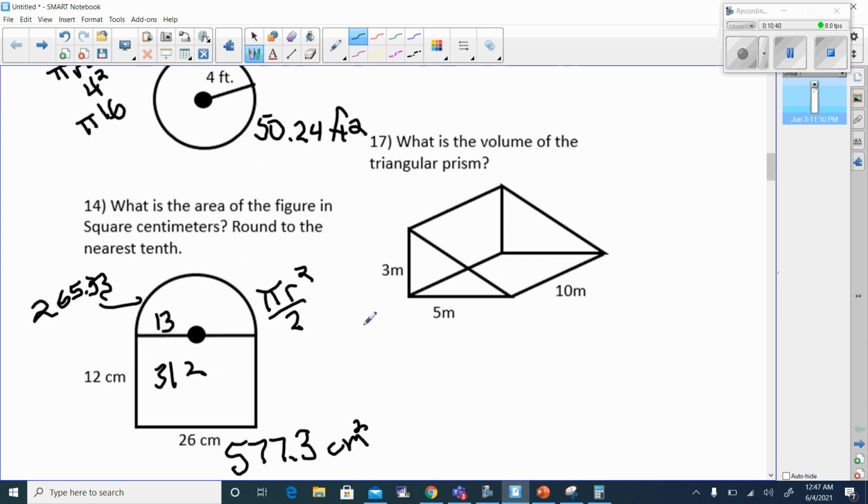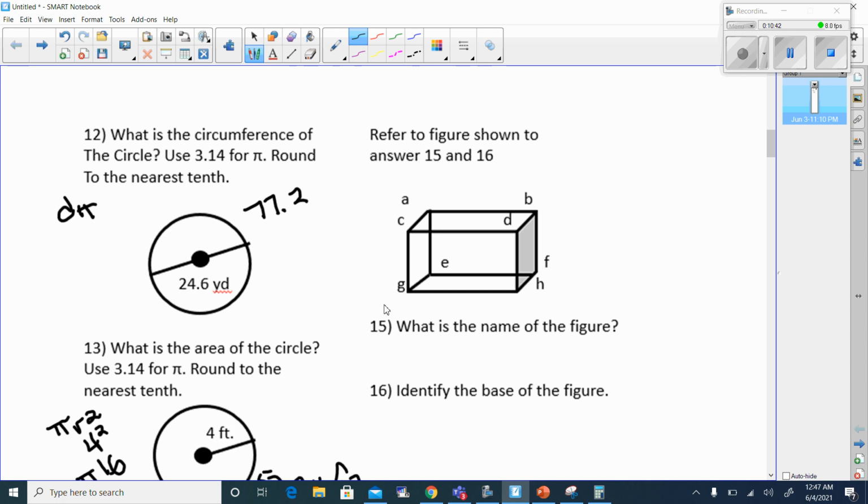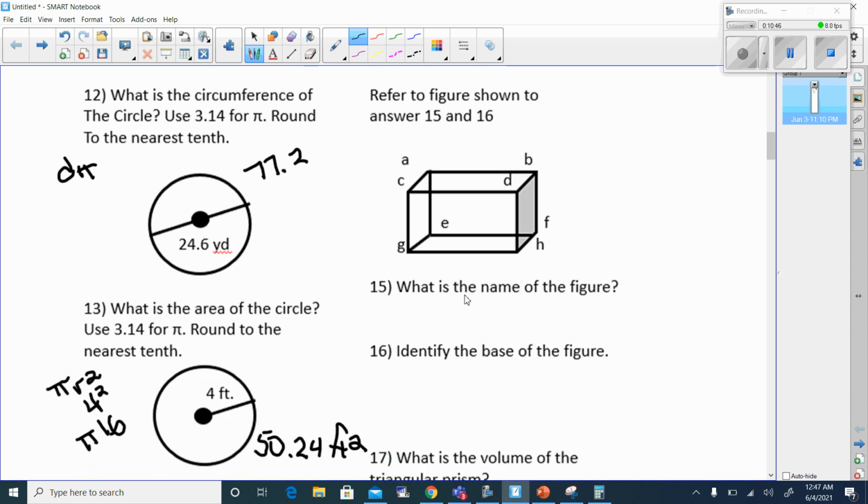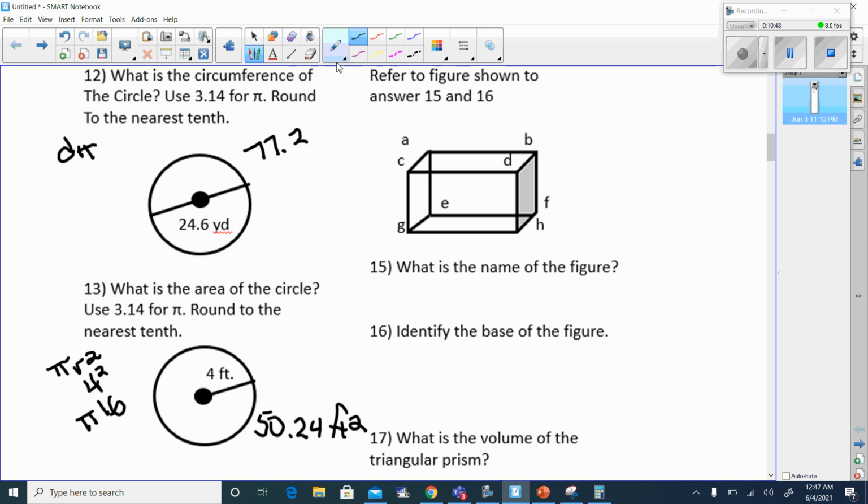All right. And let's go to number 15 here. Refer to this figure for 15 and 16. What is the name of this figure? This is a rectangular prism, right? Okay.